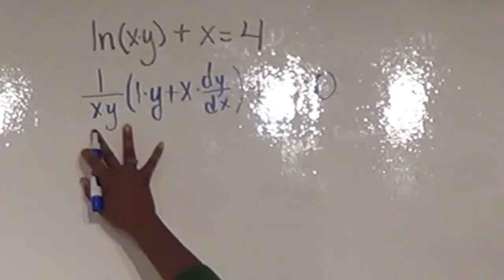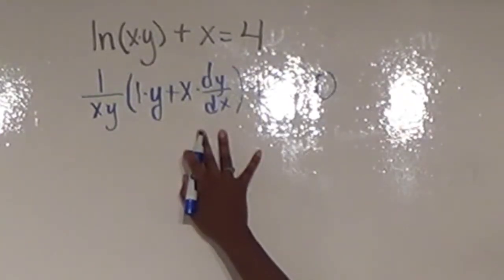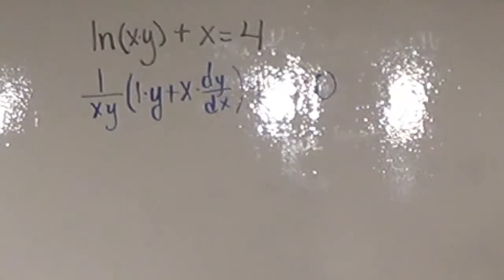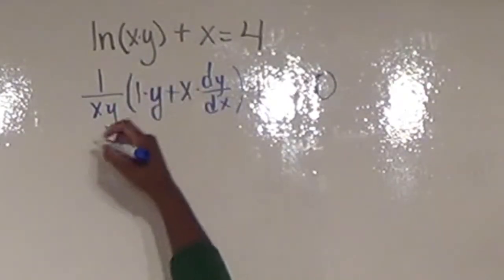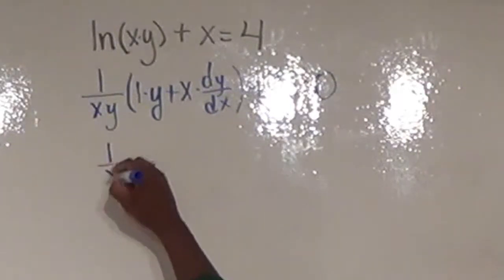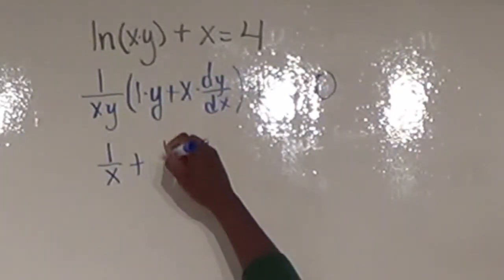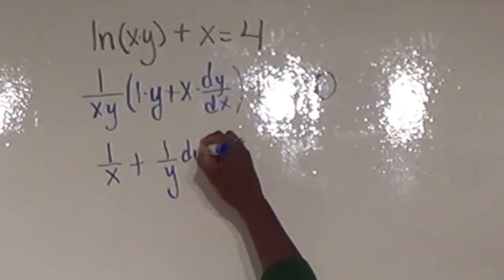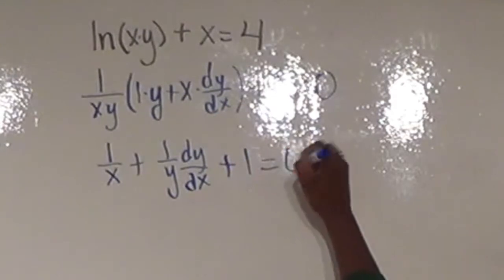So, notice here this 1 over xy is being multiplied by everything inside the parentheses. So the first thing we're going to want to do is distribute. So 1 over xy times y looks like a 1 over x. 1 over xy times x dy dx looks like a 1 over y dy dx plus 1 equaling 0.